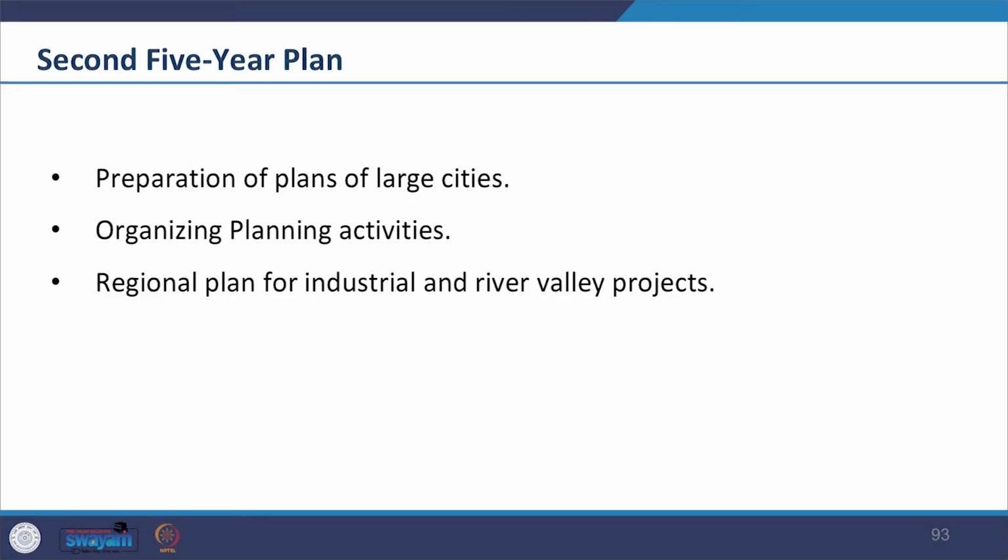We see that this second 5-year plan provided guidance for planning, particularly for preparation of plans of large cities, organizing planning activities, and the regional plans for industrial and river valley projects were guided at this point in time. We shall be seeing industrial policy in detail in the later sessions.